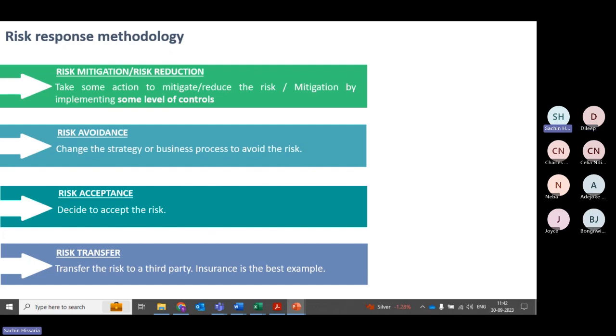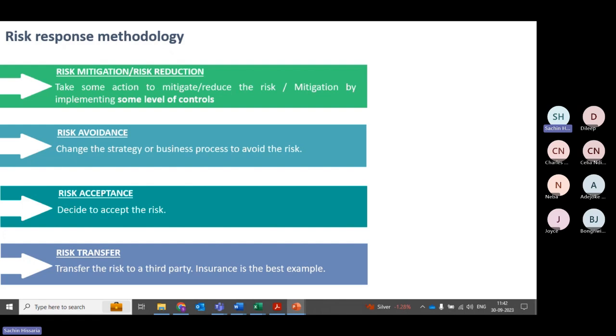You have accepted that risk. This is called risk acceptance. When I say risk transfer, that means transferring a risk to some third party, where whatever losses occur due to the risk will be borne by the third party.